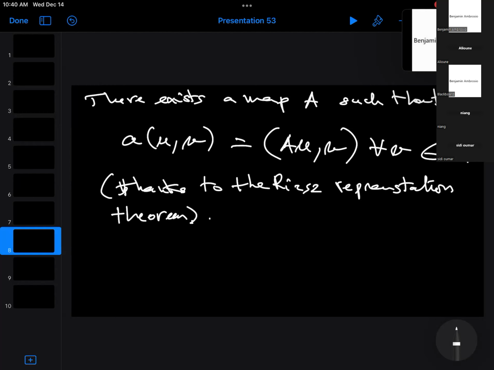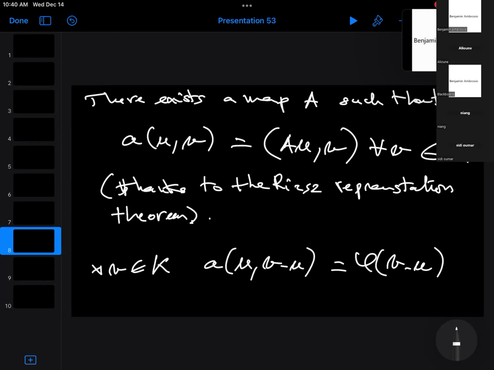Okay, now what's the conclusion of the Stampacchia theorem? It says that for all v in K, you have a(u, v minus u) greater than or equal to phi of v minus u. But our map A is linear and continuous. You can prove that, so maybe we'll come back to that. But that's why I could use the Riesz representation theorem.